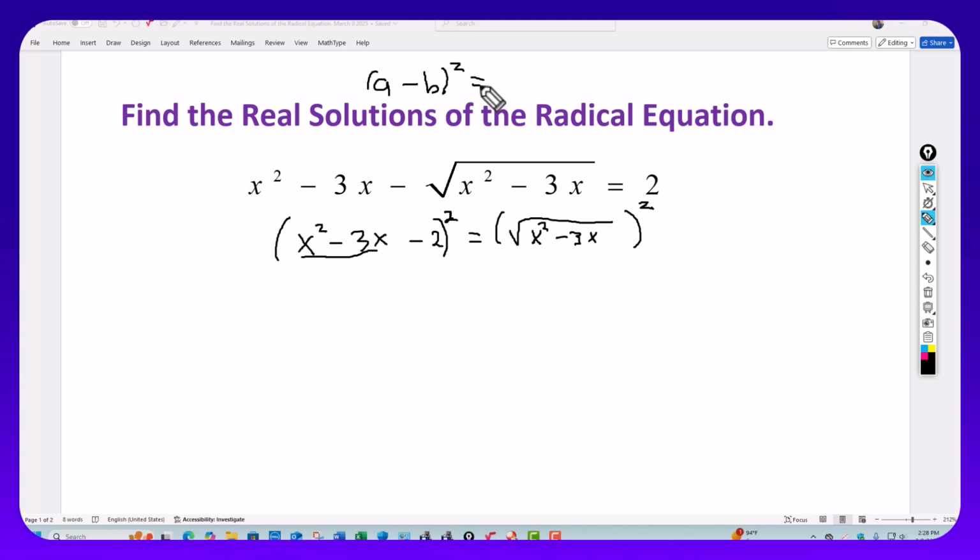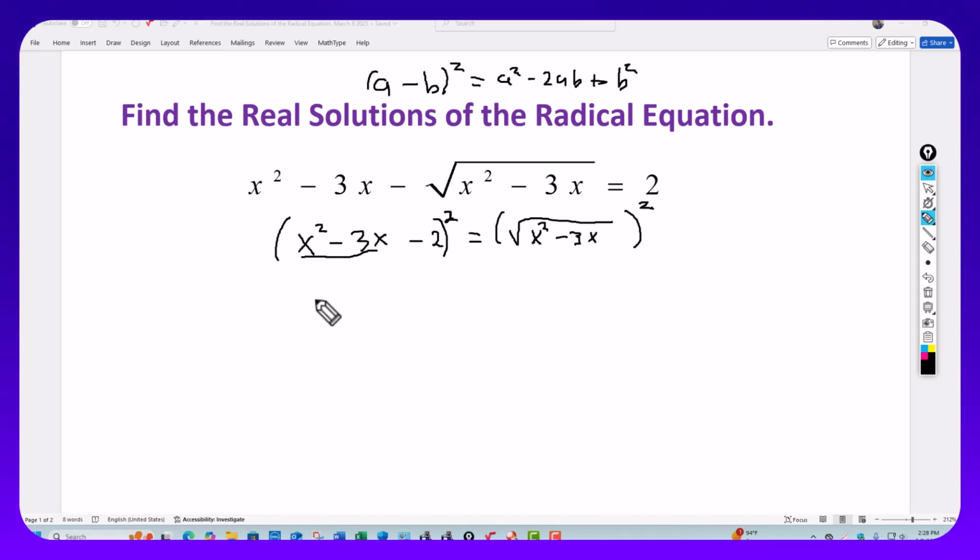You square the first term, that gives me a squared. It's a minus there, so I put a minus here. If it was a plus, I'd put a plus. Then it's double the product of those two terms, a and b. So this becomes a squared minus 2ab plus the second term, b squared.